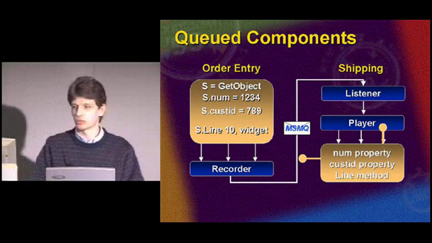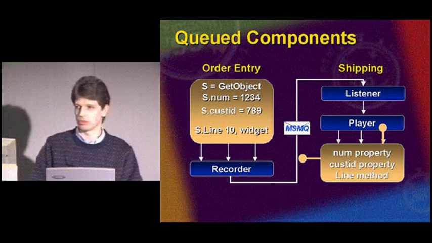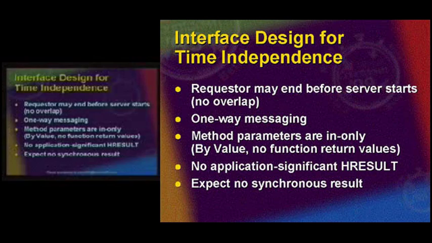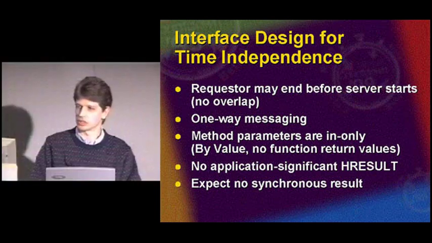QC tries to provide as much support for as many components as possible, but because of the time independence of the client and server, some thought is required when designing interfaces to run in this environment. So, for example, the client may not be there when the server actually gets to run, or the server may not be there when the client runs. There may be no overlap in lifetimes of the components.